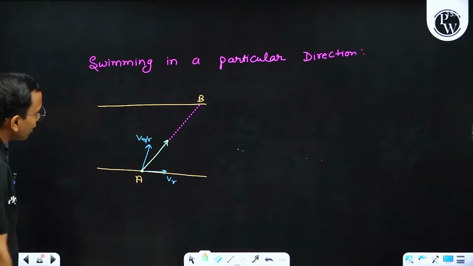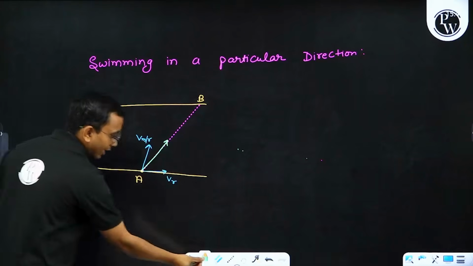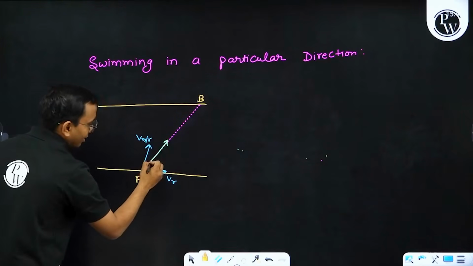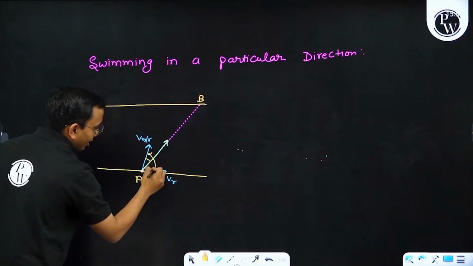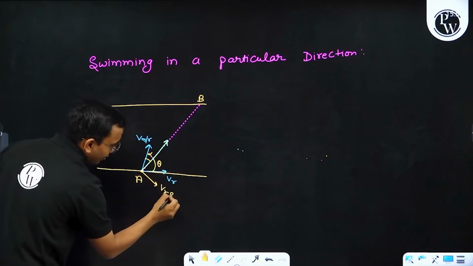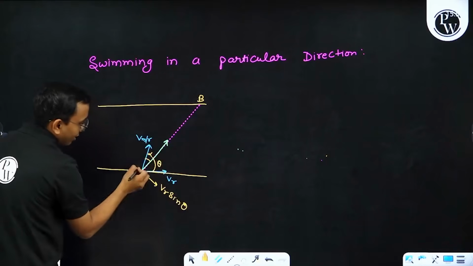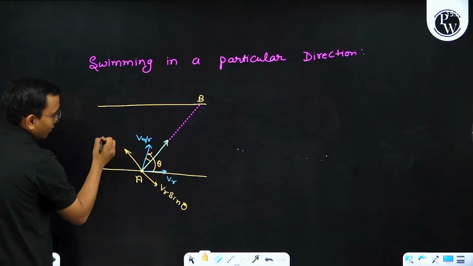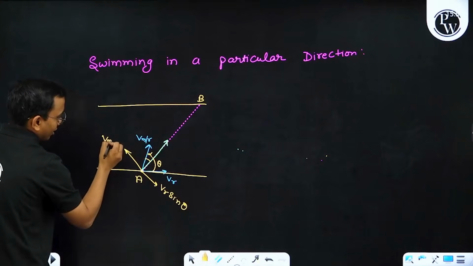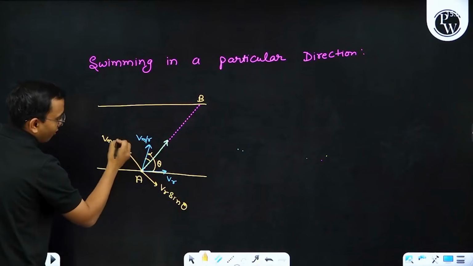When will it come? When the perpendicular components are cancelled. Let us take this angle is alpha, this angle is theta. This perpendicular component is V_R sin theta and this is velocity of man with respect to river sin alpha.